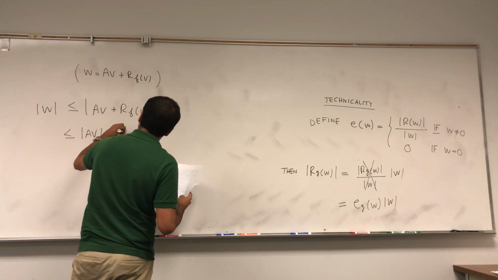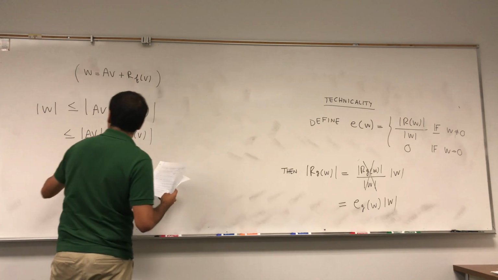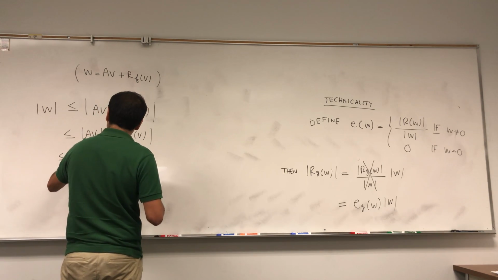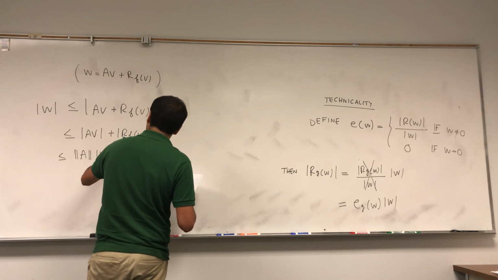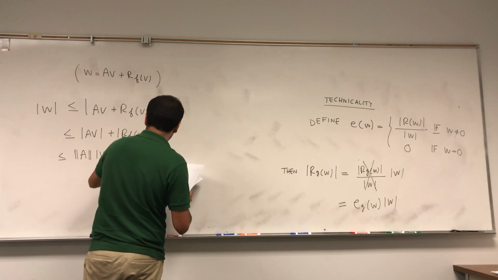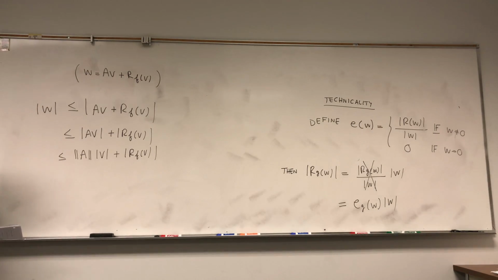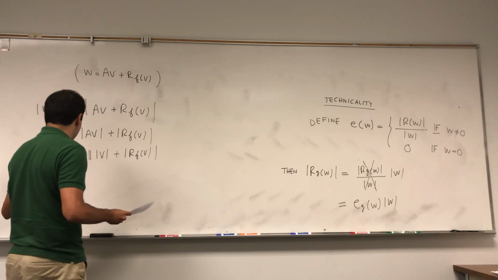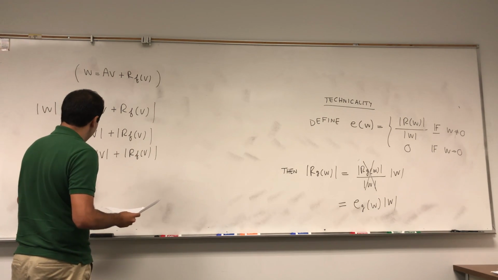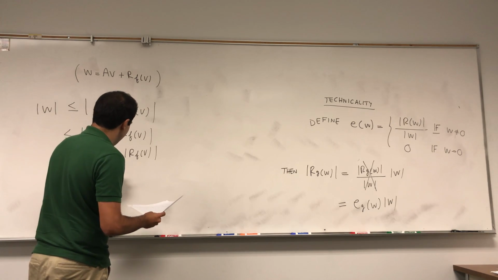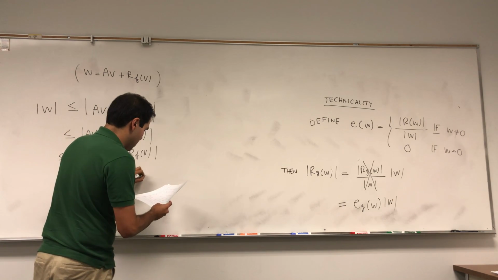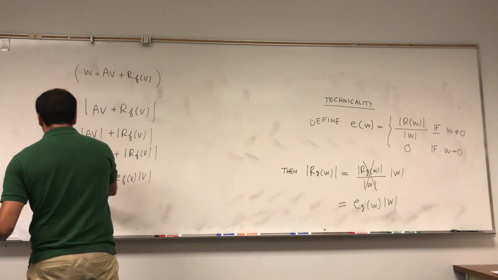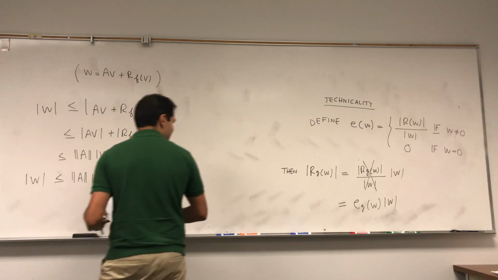So Av plus this thing, and again, you can measure this by the norm of A, whichever you want, times the length of v plus the length of Rf of v. And lastly, we can rewrite this term in terms of this error thing: Av plus Ef of v times the length of v. So w is less than or equal to that.